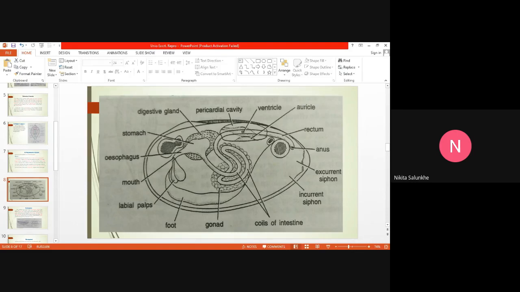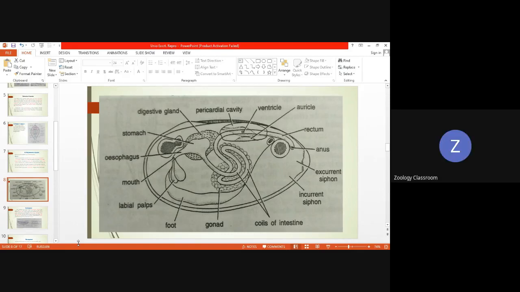The bivalve larva is called Glochidium larva, and the larva is then nourished in brood pouches called marsupia, where young ones are kept. That is larva, Glochidium, nourished in gill mucus. And then after completion of larval development, they are excreted out of the female body into water, to the bottom.